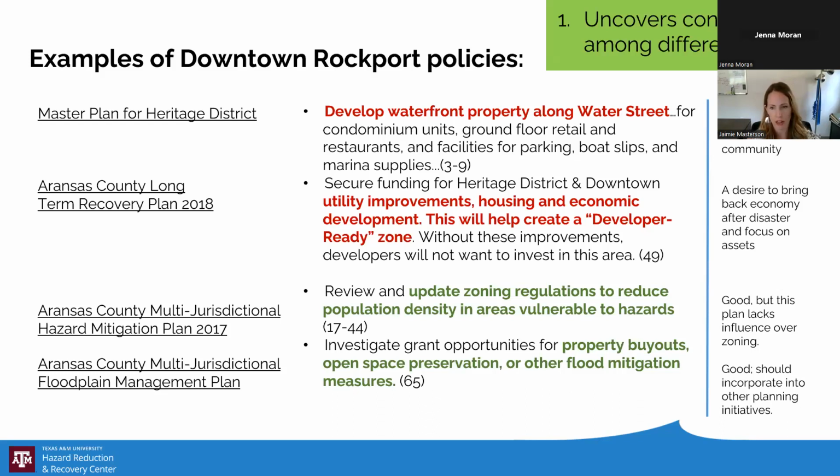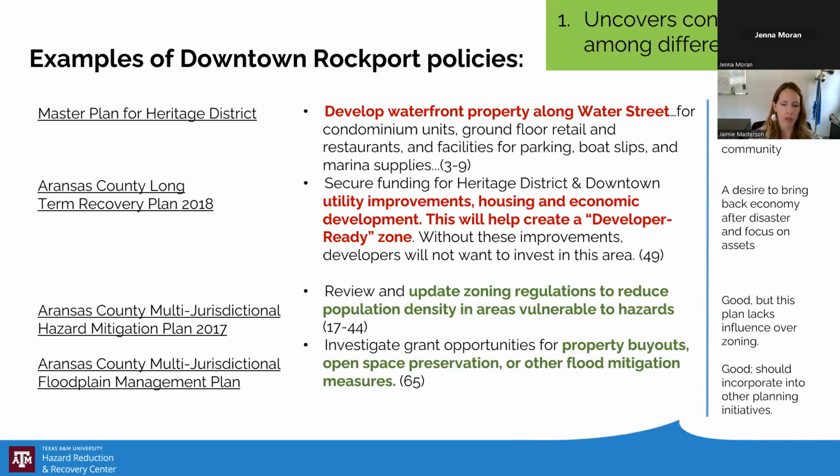It also said some great things, and they were focused on property buyouts and open space and flood mitigation measures. And all of that was great, but it also needed to be incorporated into other planning documents. Every single one of these policies was in the downtown, was in a hazard zone, and were saying quite different things, right?